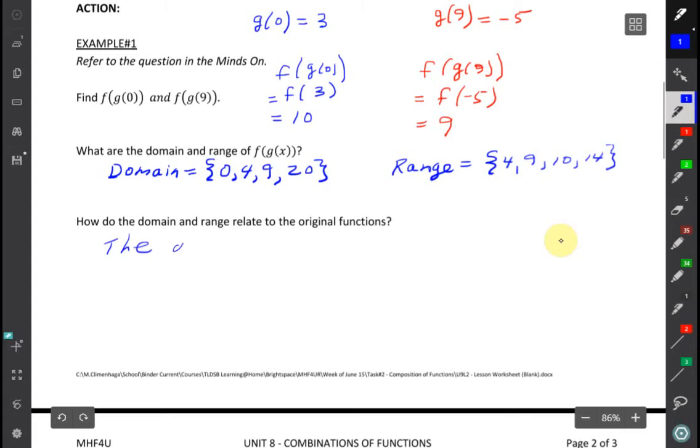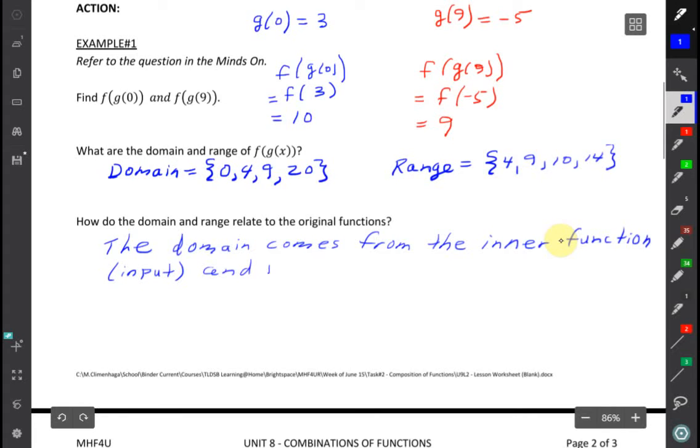The domain comes from the inner function, which is the input, and the range comes from the outer function.